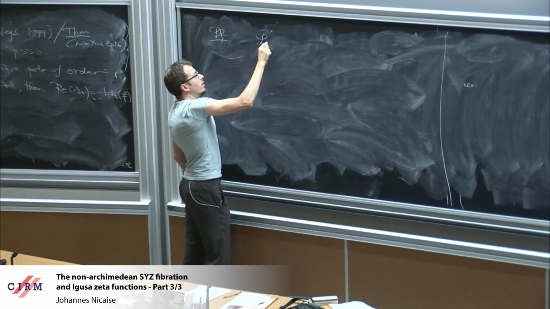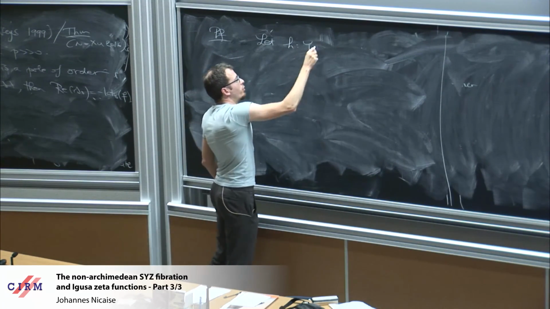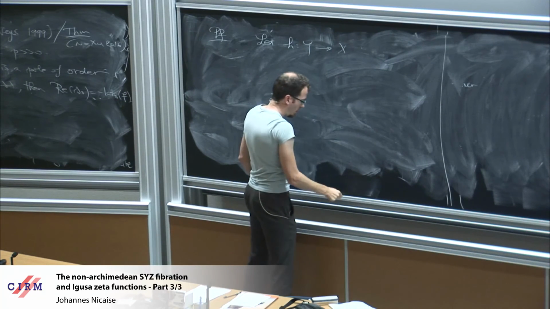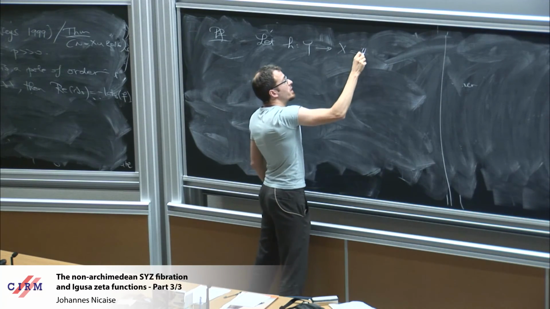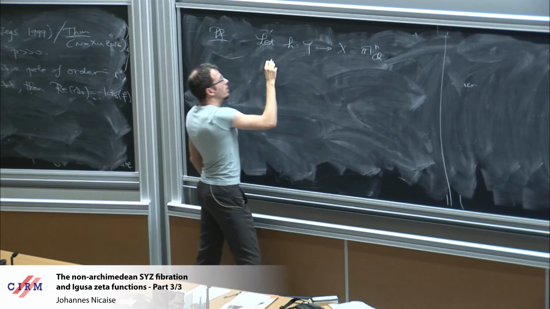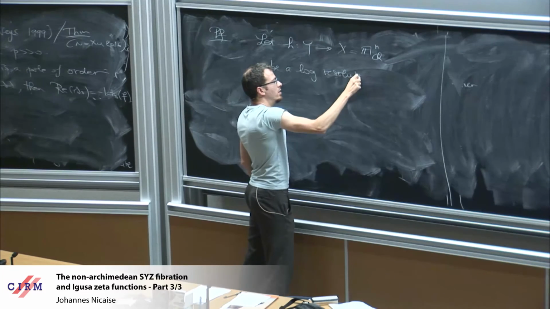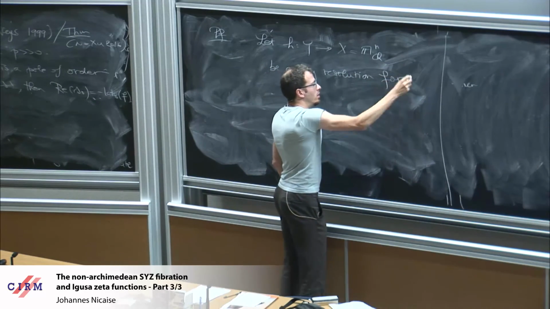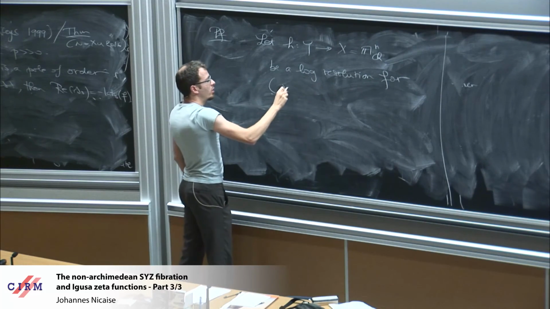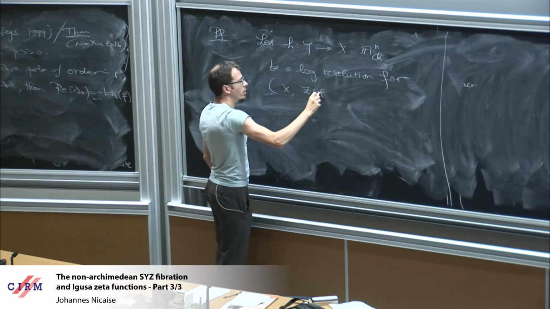Okay, so let h from Y to X, and here X is a smooth space over Q, be a log resolution for the pair consisting of X and the zero locus of f.